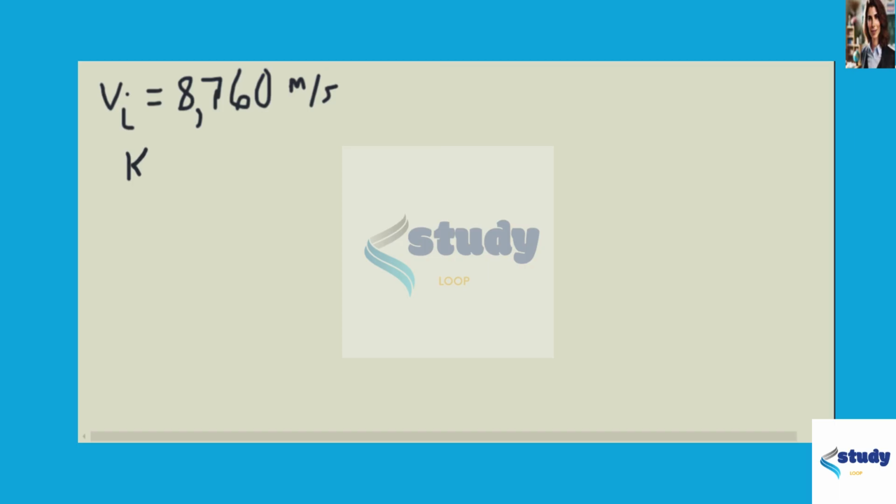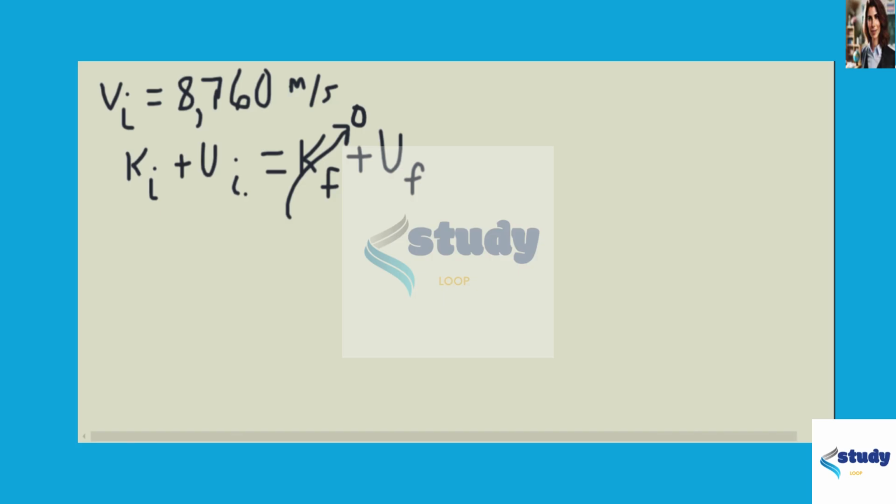So I'm going to use kinetic energy initial plus potential energy initial equals kinetic energy final plus potential energy final. Kinetic energy final is 0 because the rocket stops.